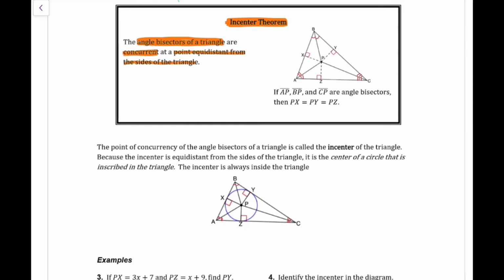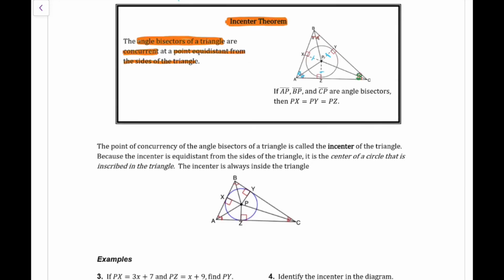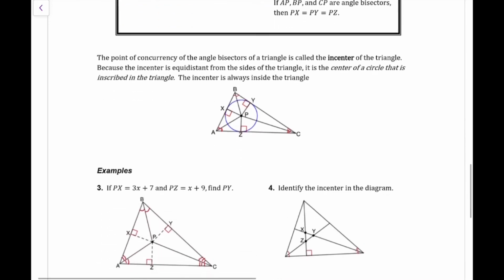So this makes a circle inside that is equidistant from the sides. So PX will equal PY, which will equal PZ on this triangle. So we've got an example here of the incenter. The incenter is the center of the circle inscribed in the triangle.